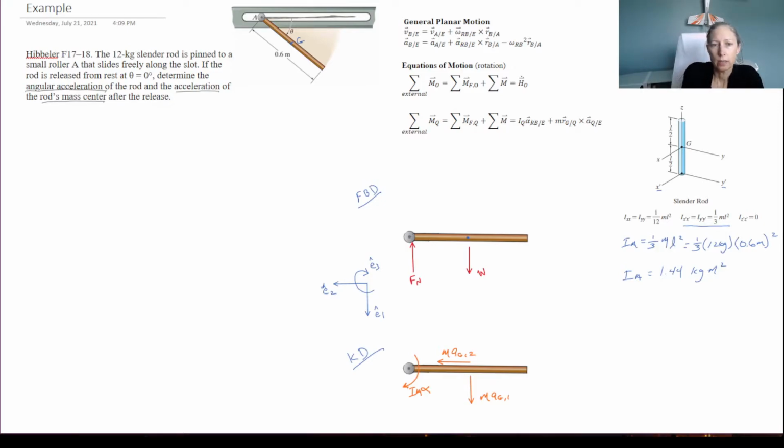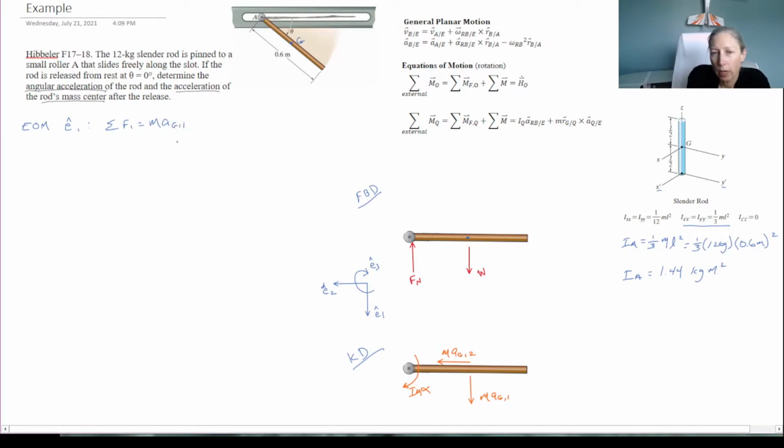So let's do the equation of motion in the E1 direction. So EOM E1. This is going to be sigma F1 equals MAG1. And whenever we write equations of motion, we're always working with the mass center. When we do a rotational equation of motion, we can choose our point.